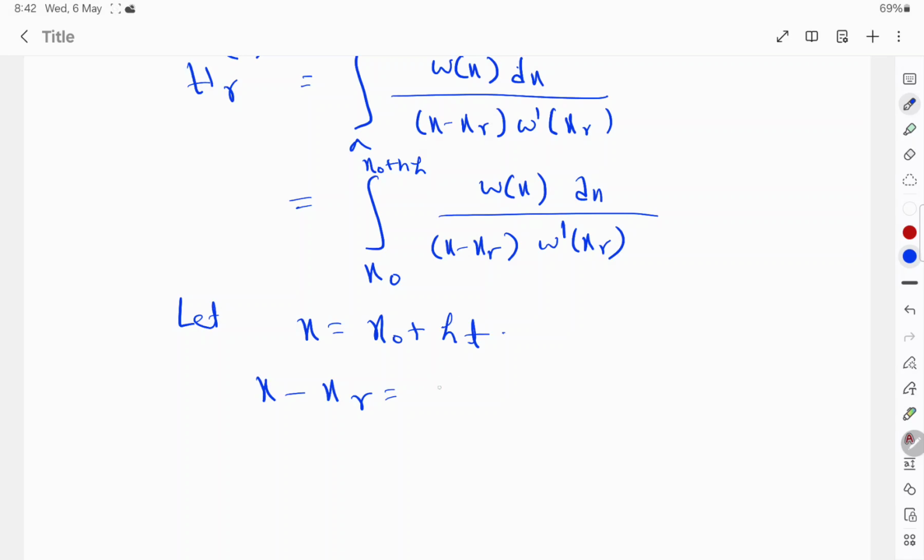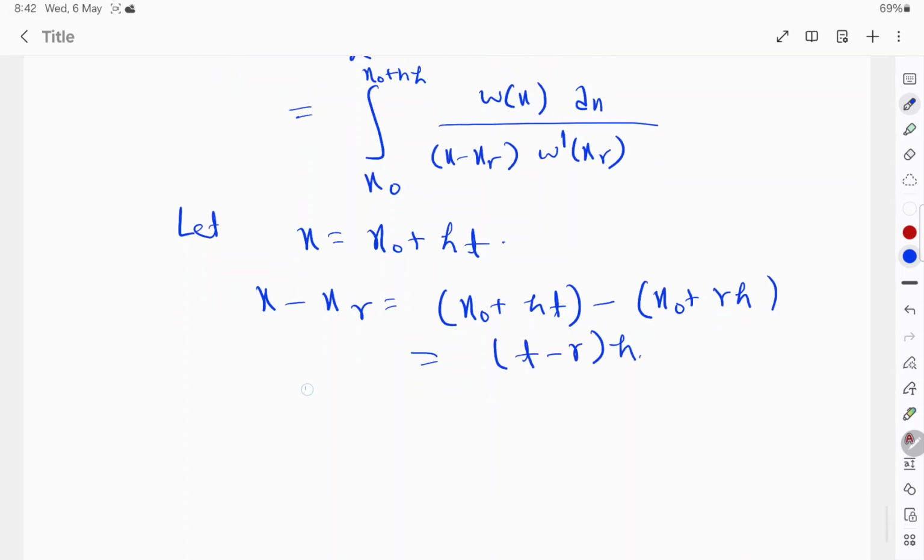Substituting, x0 plus ht, and xr is x0 plus rh. So you have t minus r into h, right? And what is your dx? dx will be h dt, right?